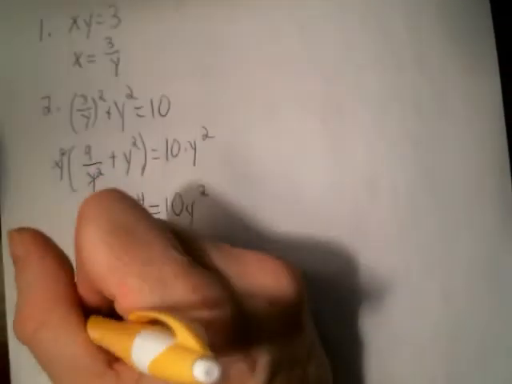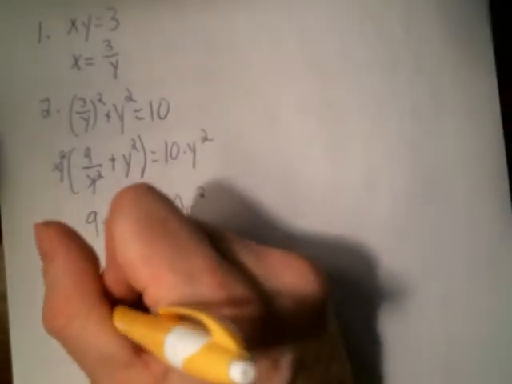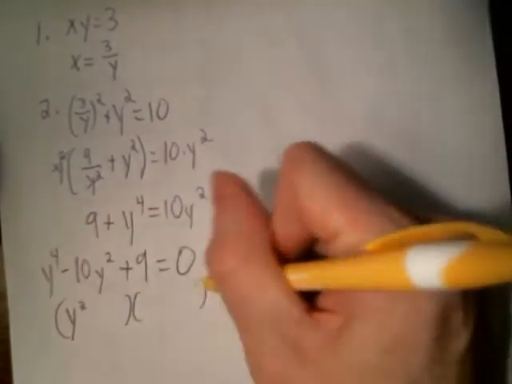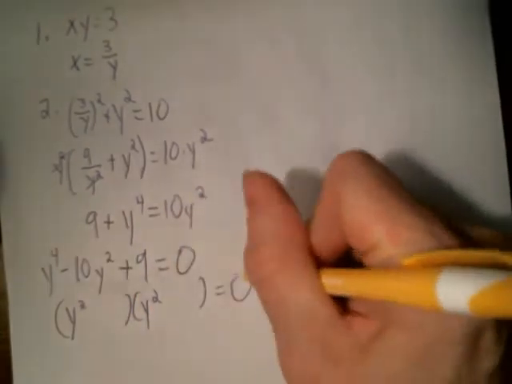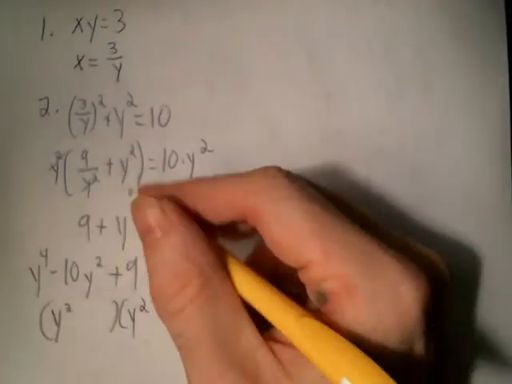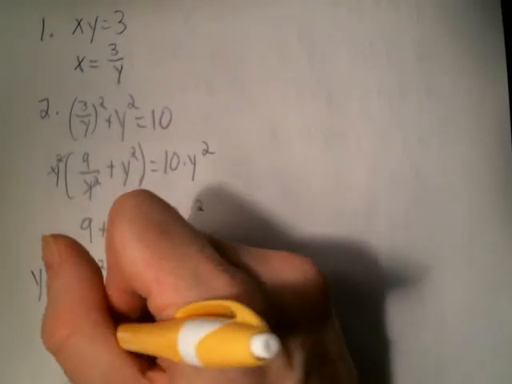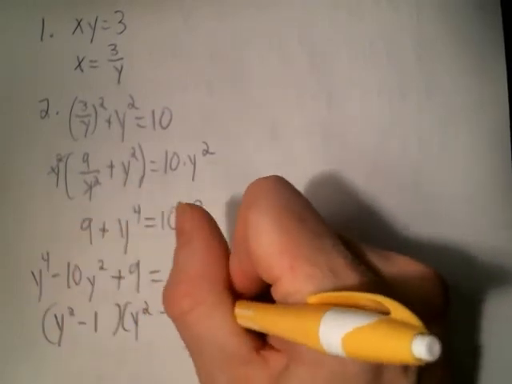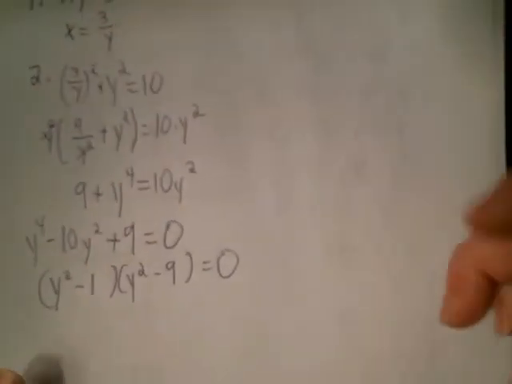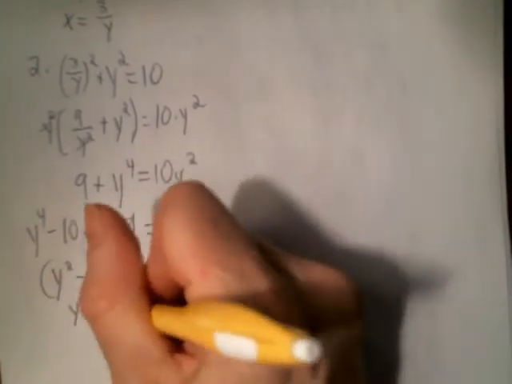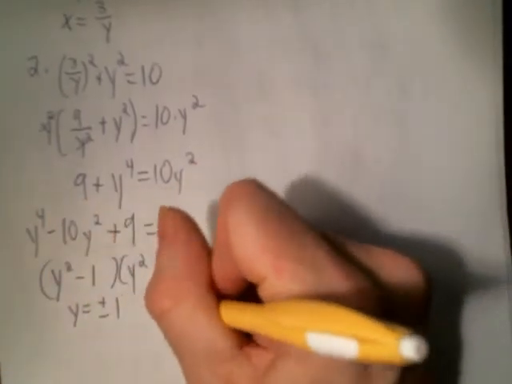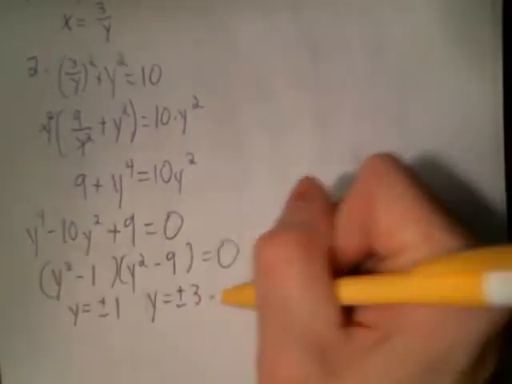And then factor that guy. So you'll get y squared minus 9 times y squared minus 1 is 0. So 9 and 1, minus 9. Okay, so you get y is plus or minus 1, and then y is plus or minus 3.